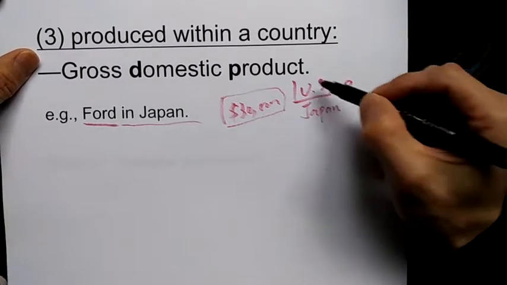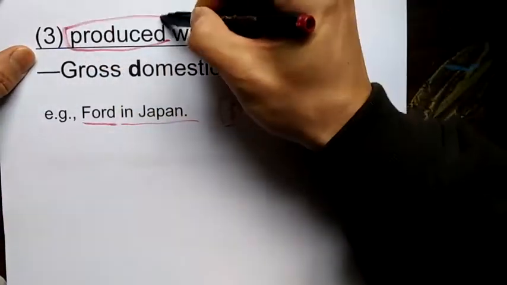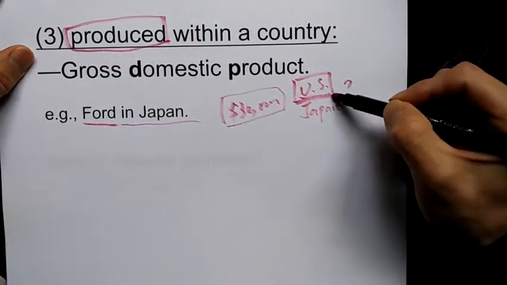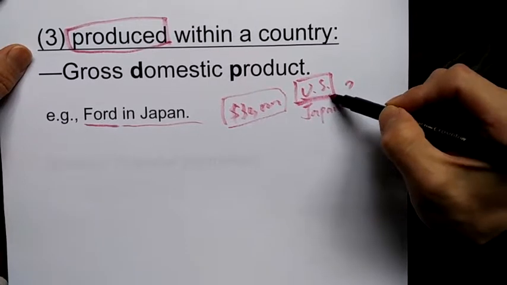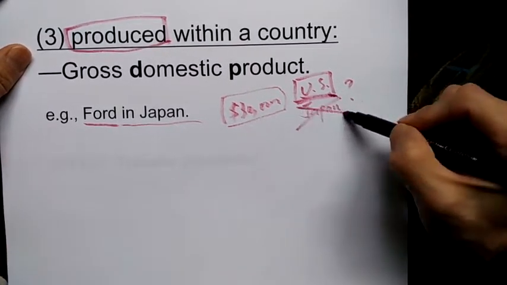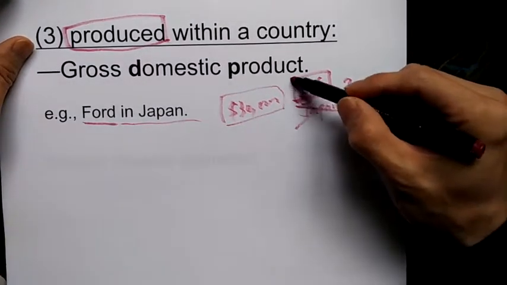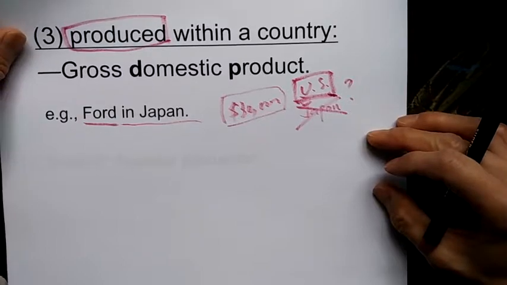The answer is the US, because it is produced in the US. It is our contribution to our economy. Therefore, it is not included in Japanese nominal GDP. It is included in US GDP.